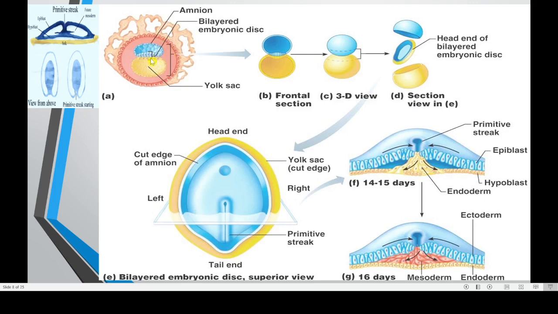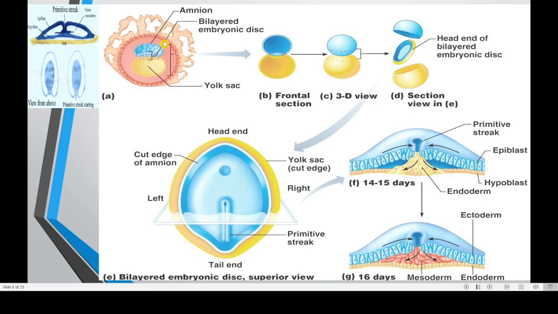This yellow colored is the hypoblast, and this is the yolk sac. This is the extraembryonic mesoderm. Then you will have the syncytiotrophoblast and the cytotrophoblast below the syncytiotrophoblast, right? And this epiblast and hypoblast together will be called the bilayered embryonic disc.